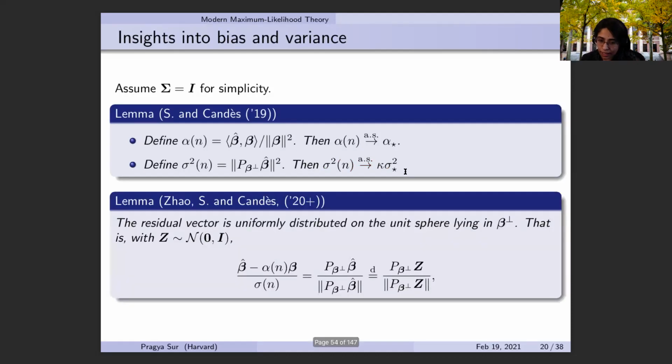Later we were able to generalize this intuition of a projection, like the norm of the residual of some kind, to explicitly say that the residual vector is uniformly distributed on the unit sphere that lies in this beta perp space. So that gives us some insights into where these constants are coming from.